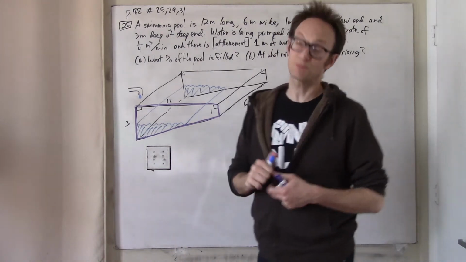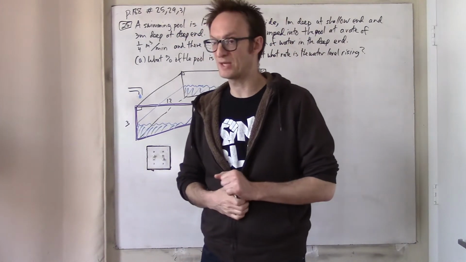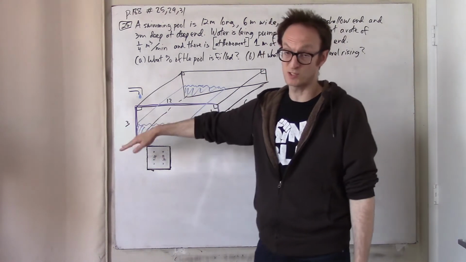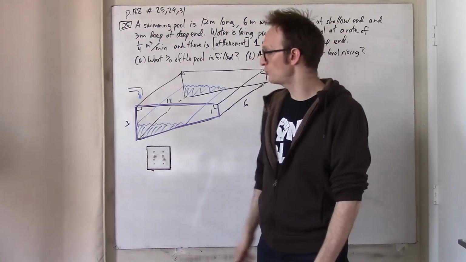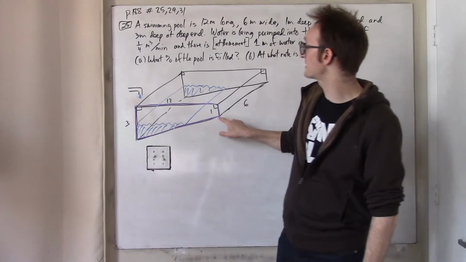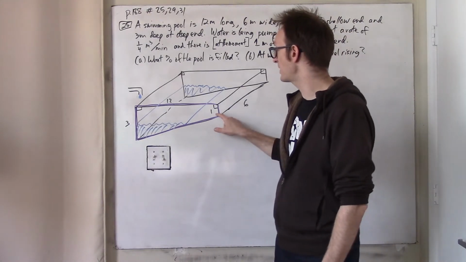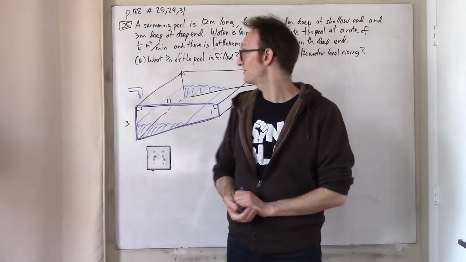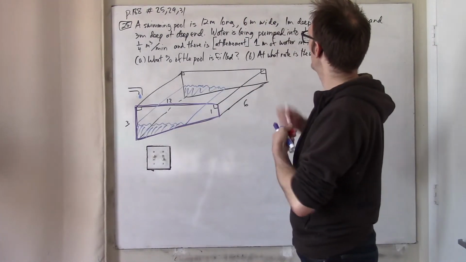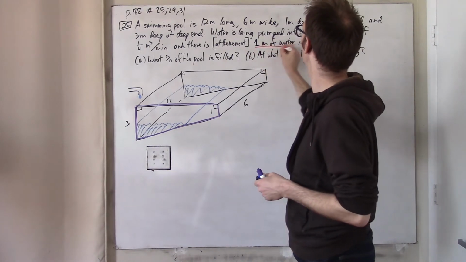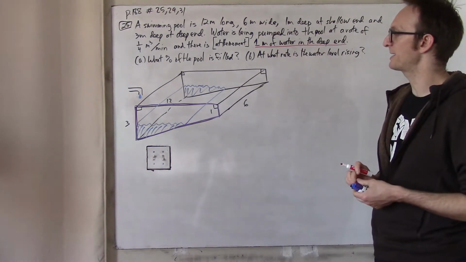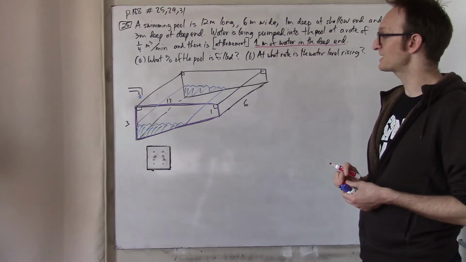We are not, in this problem, considering what happens when the water level is 2 meters high, as measured from the bottom of the deep end, when we finally start to get some water in the shallow end. At the moment, the shallow end is completely empty of water, and since the problem is asking what happens around the time that there's 1 meter of water in the deep end, the fact that this shape is a trapezoidal prism is actually kind of irrelevant to us.